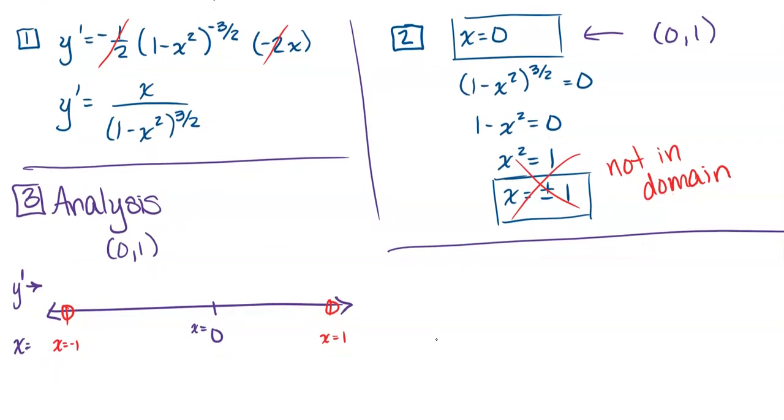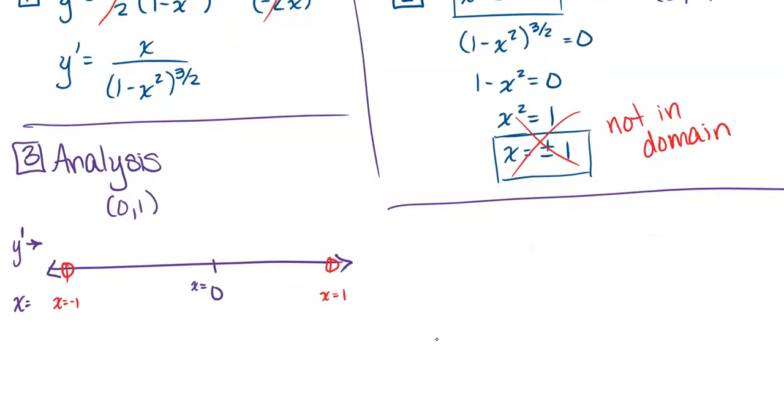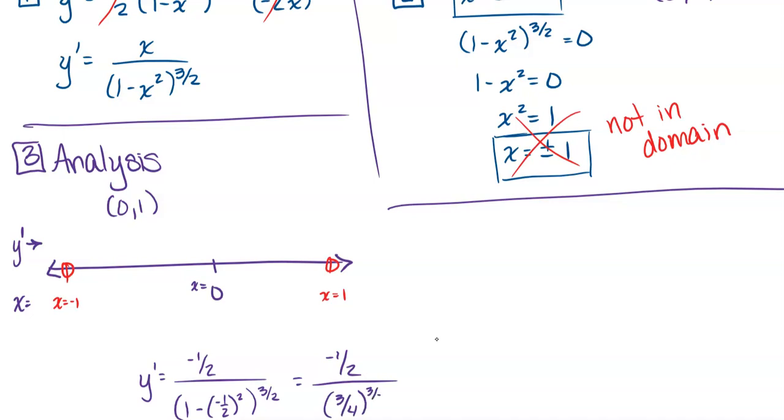So if I imagine plugging in like a -1/2 into that derivative, then it's going to say -1/2 over 1 minus -1/2 squared, raised to the 3/2 power. So that'll be -1/2 over 1 minus a fourth, so 3/4 raised to the 3/2 power.